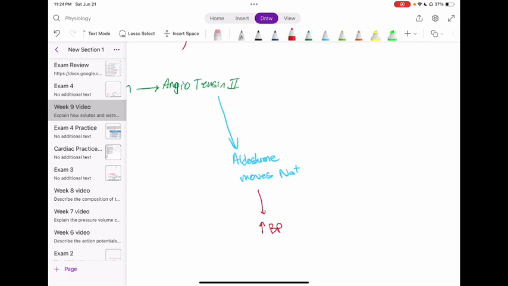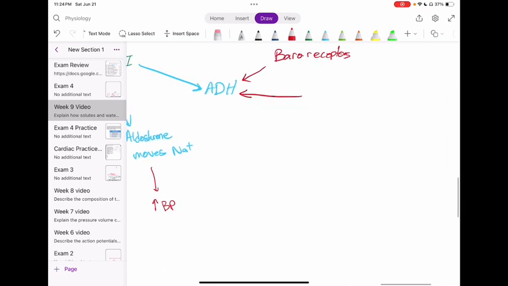We've also talked about it before. Angiotensin II also produces ADH, and ADH works with baroreceptors and osmotic receptors in the brain to bring up blood volume.